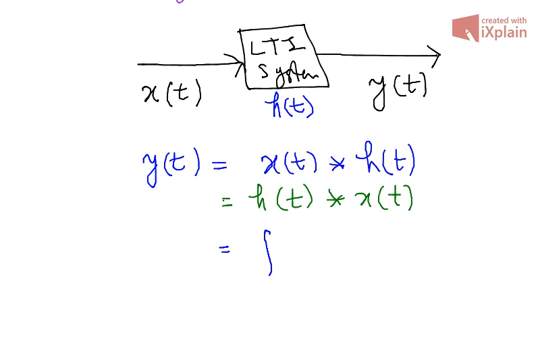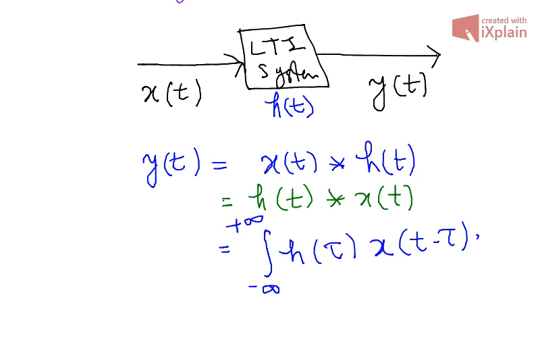You write it from minus infinity to plus infinity, changing the variable t to tau: h of tau, x of t minus tau, d tau.